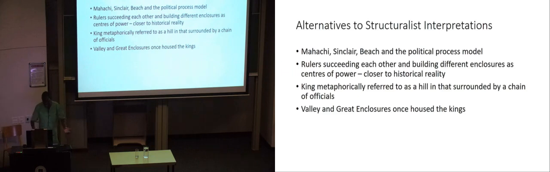So one of the other points that were raised by critics of Huffman's model is that if the valley enclosures were reserved for the royal wives, then who was making the metal that was recovered in the valley enclosures? This is important because in the anthropology of Southern Africa, metalworking is only associated with men.